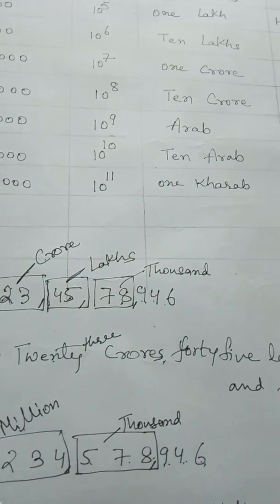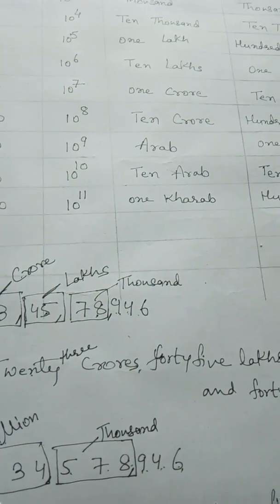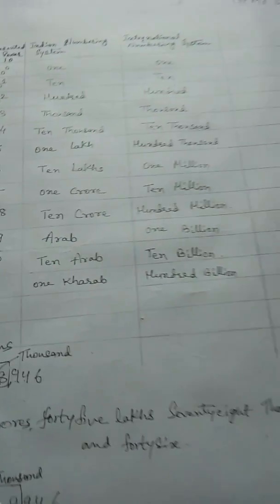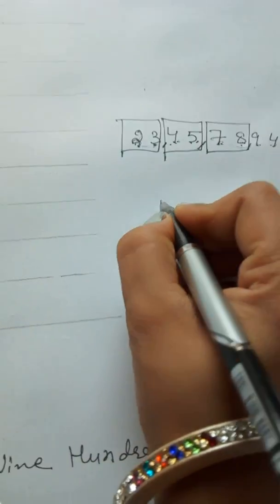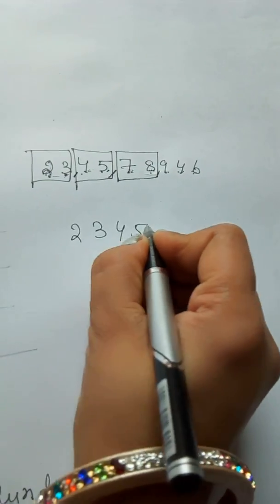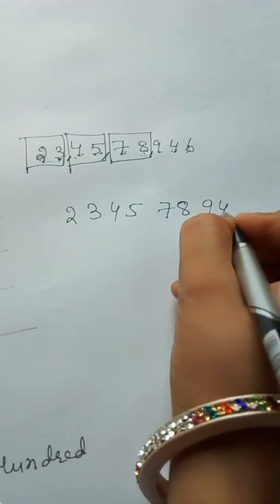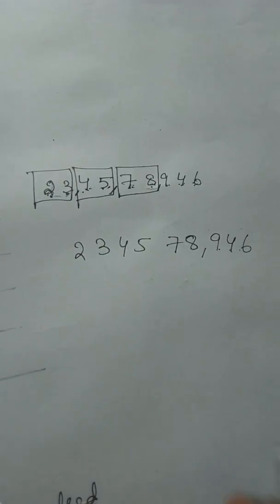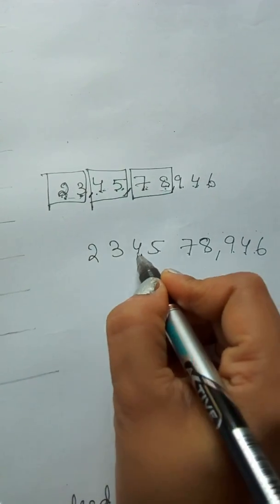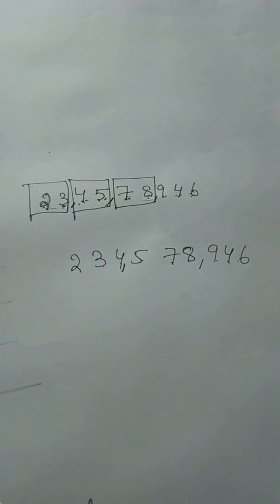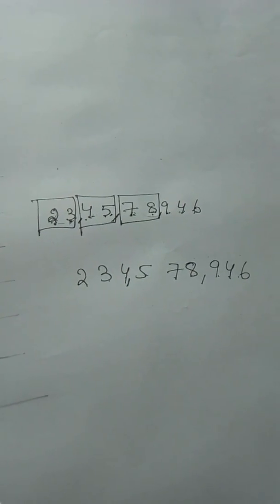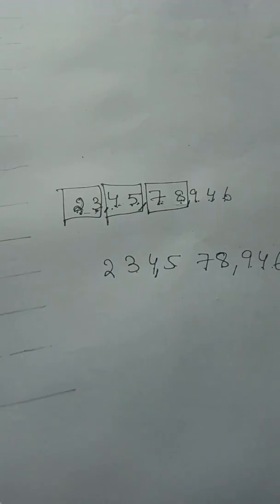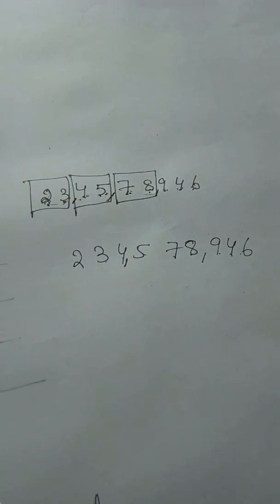Now for the international system of numeration, after hundreds we put commas after every three places. Just take the same number, 234578946. Ones, tens, hundreds, and then 1, 2, 3 places, and 1, 2, 3. Why do we put commas repeatedly after three places in the international system?